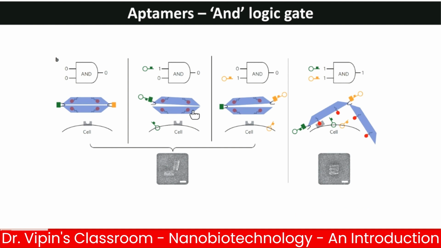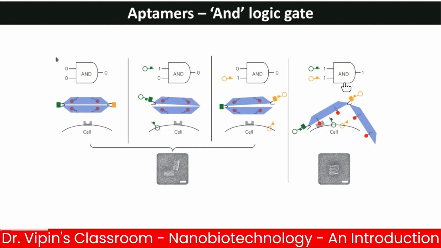So your nanocase will not open because you require the presence of both green and yellow for the nanocase to open. Then, of course, if you have the yellow key and yellow aptamer, but not the green key, which means the receptor for green aptamer is not there, then again, this does not open. It will only open when the receptors for both the aptamers are present.